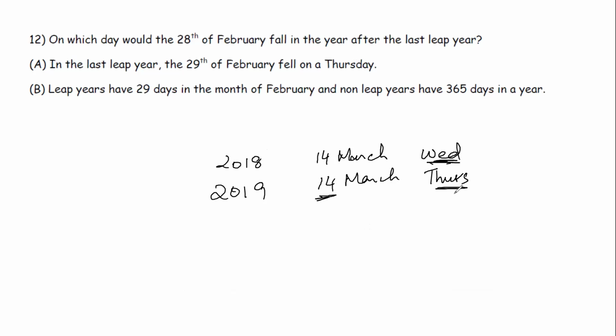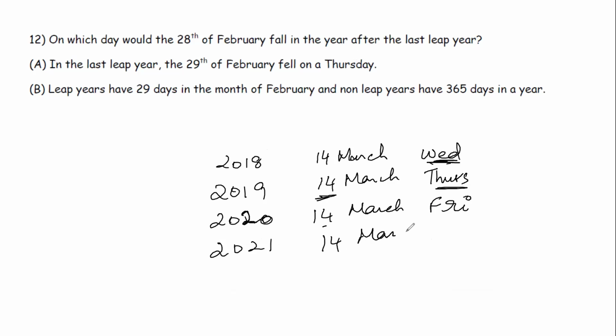Now, suppose in 2020, 14th of March will be 1 day after Thursday, which is Friday. Suppose 14th of March was on Friday and 2020, remember, is the leap year. Then in 2021, 14th of March will be not on Saturday but on Sunday. That's all you need to remember: if it's a leap year, the same date will be 2 days after, and if it's not a leap year, then it will be 1 day after.